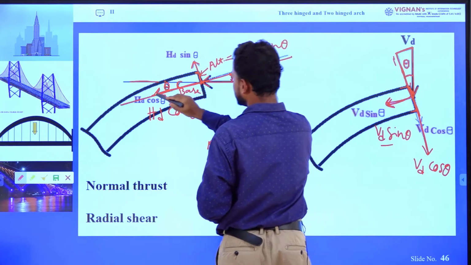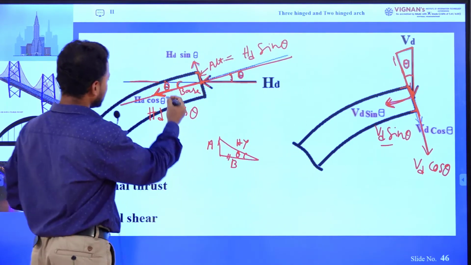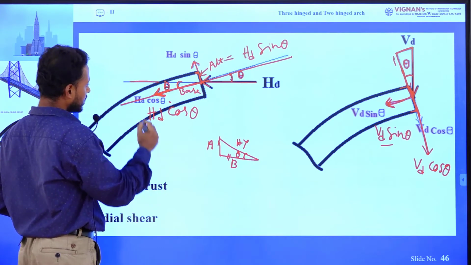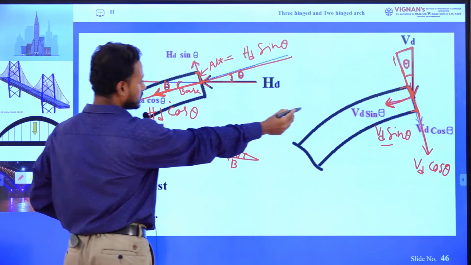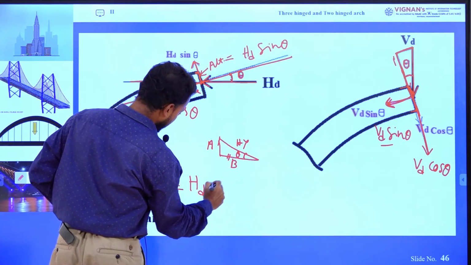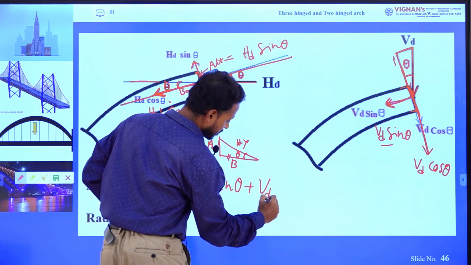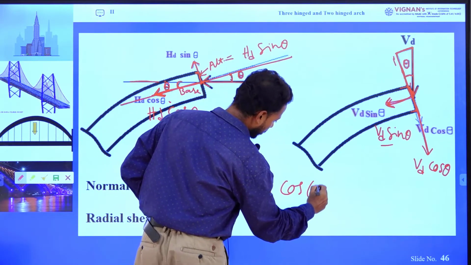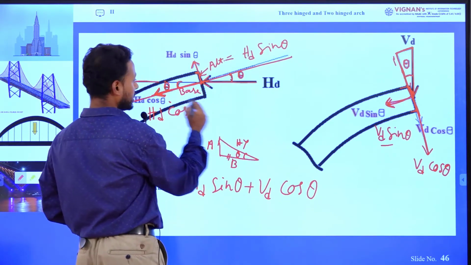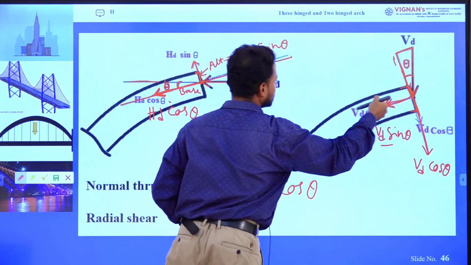So this direction and this direction are the same. So normal thrust will be HD cos theta plus VD sin theta. So I can write normal thrust equals HD cos theta plus VD sin theta, as they are acting in the same direction. It is acting in this direction, it is acting also in this direction.